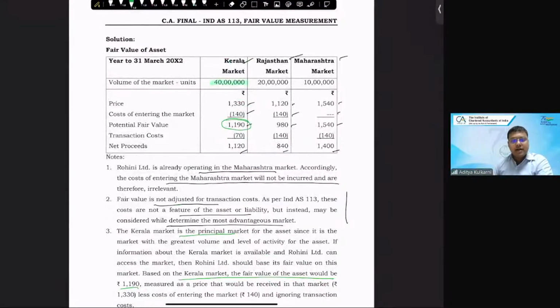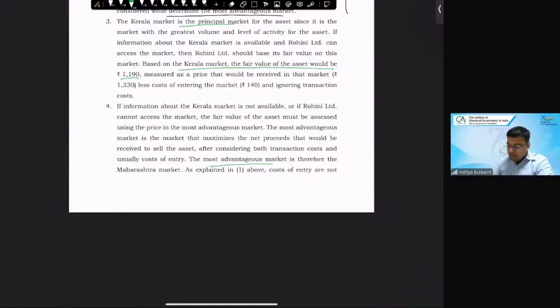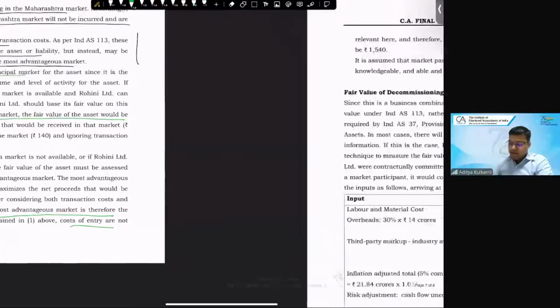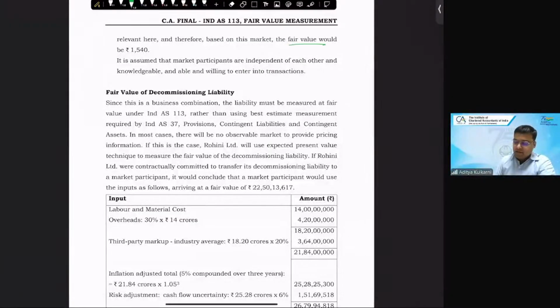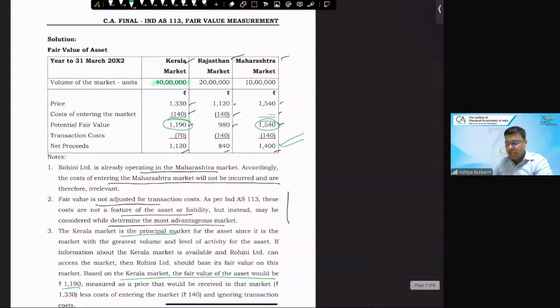Which will be the most advantageous market in this? Obviously, it will be Maharashtra market because it is maximizing the net proceeds, right? Yes, the most advantageous market is the Maharashtra market. Cost of entry are not relevant, and based on this, the fair value would be 1,540.